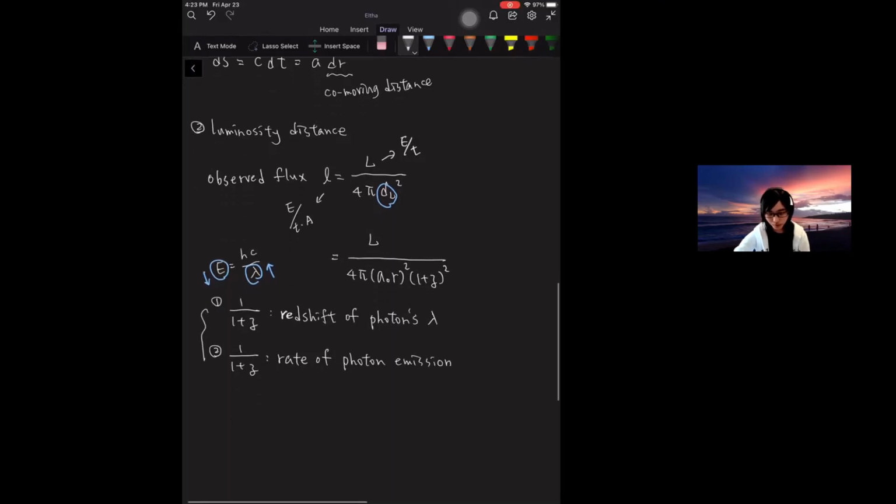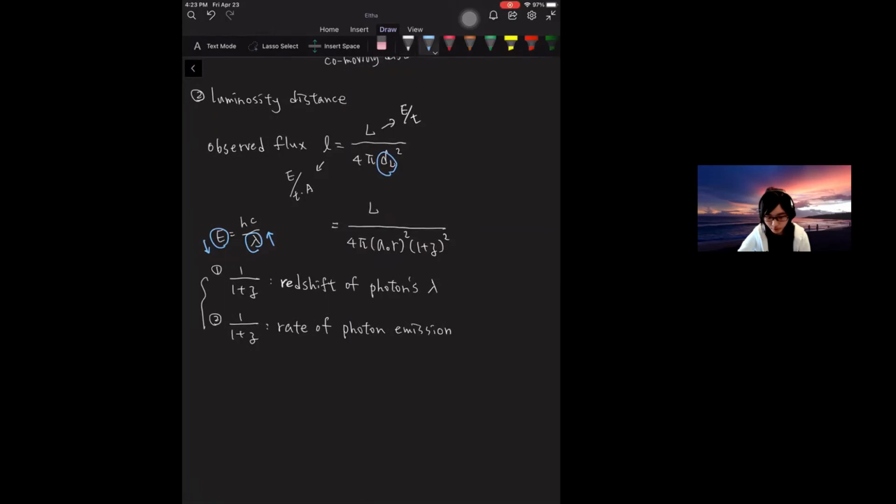Right. So if we compare the two equations here, we will see that the luminosity distance is equal to A0 r multiplied by 1 plus z. That is the formula for luminosity distance.